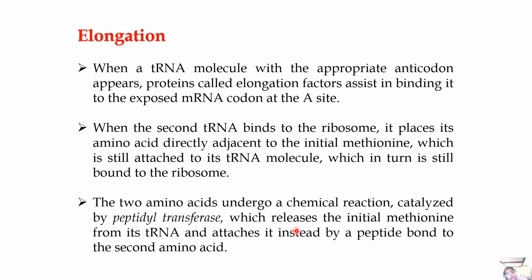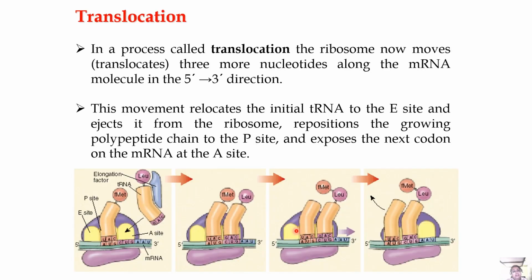We talked about elongation, and the tRNA molecule with the appropriate anticodon is brought in by proteins called elongation factors. In a translocation along the mRNA molecule, the movement pushes the initial tRNA to the E site, and it escapes from the ribosome, while the growing chain remains at the P site.